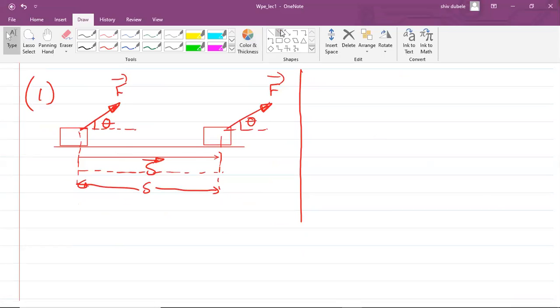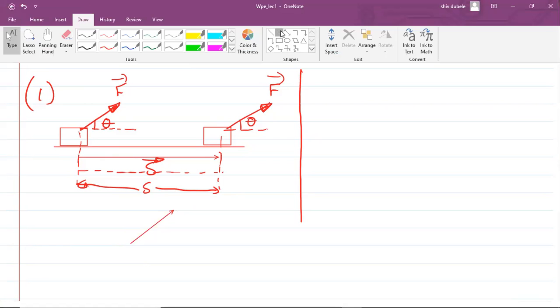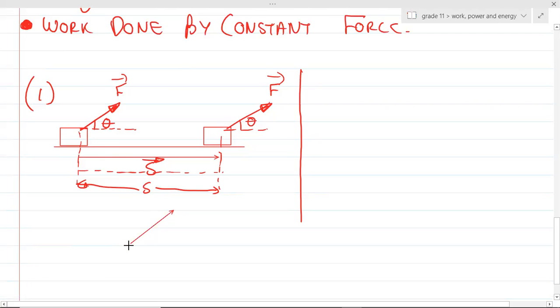So basically, I can see this is your force, and this is your displacement.